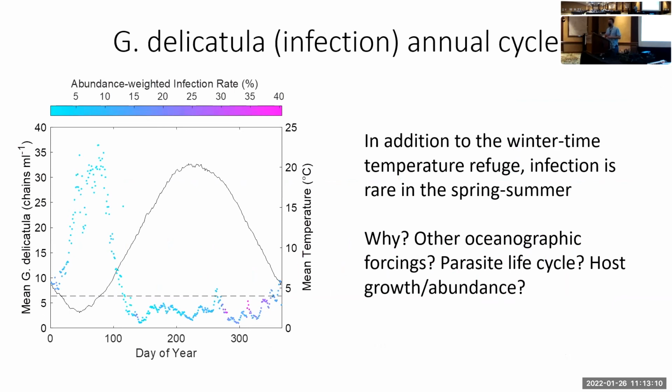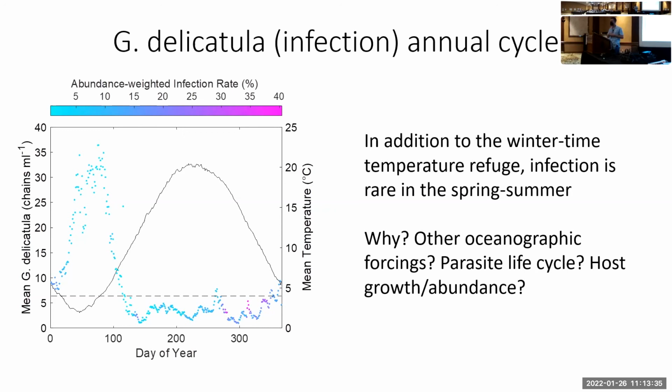And we can look a little deeper here and try to come up with new hypotheses to explain these infection dynamics. Here we're looking at the annual cycle in our host diatom, again colored according to infection rate, alongside the annual cycle in temperature.